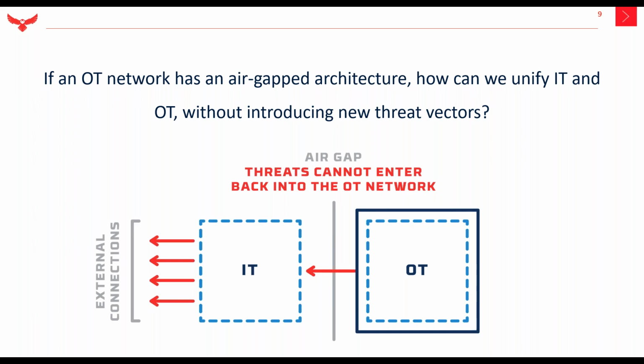The use of data diodes provides businesses with a way to securely transfer that data one way from OT to IT, ensuring that threats cannot enter back into the OT network. I'll talk more about data diodes and how they work later in the presentation, but now let's talk about how diodes can be deployed to securely move Tenable vulnerability data from those OT networks to IT.